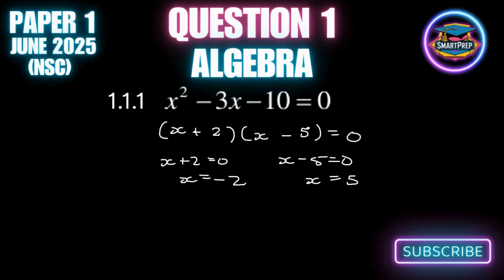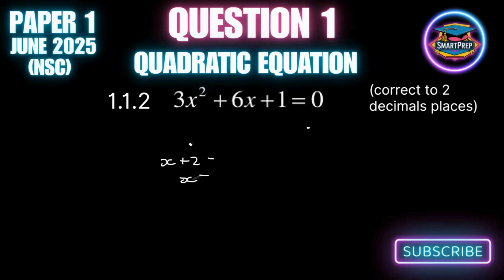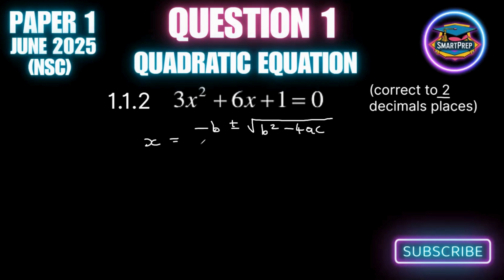Okay, next question asks, the 3x plus 6x plus 1 correct to 2 decimal places. Okay, so what we want to do here is use our quadratic formula because it says correct to 2 decimal places. So we say x equals negative b plus or minus the square root of b squared minus 4ac all over 2a. Our b is 6.